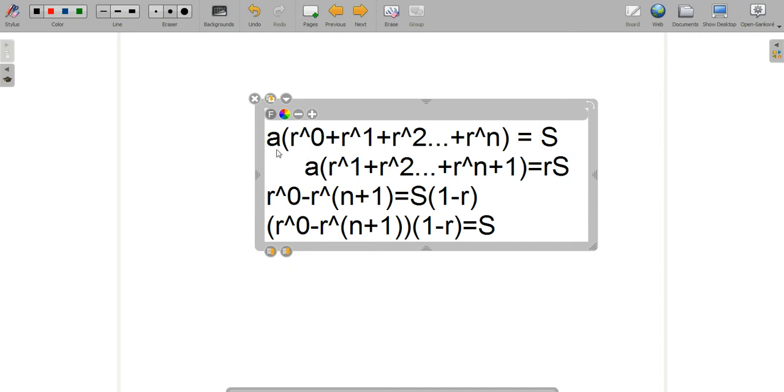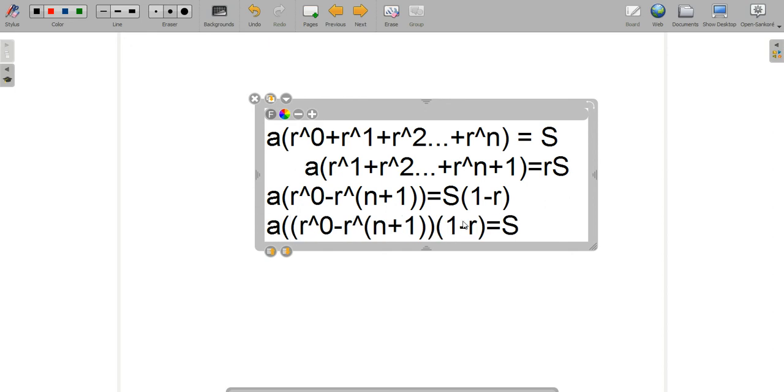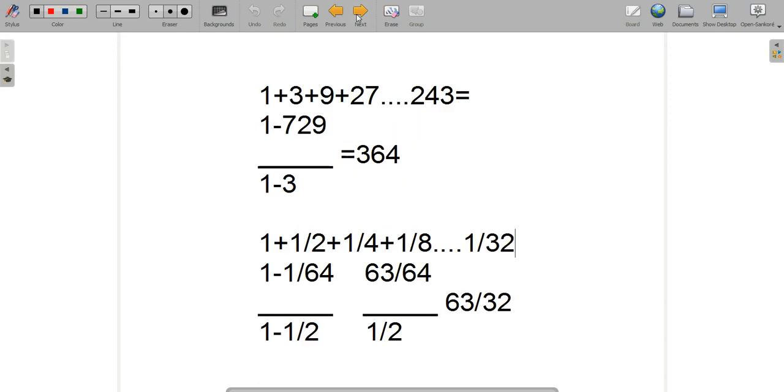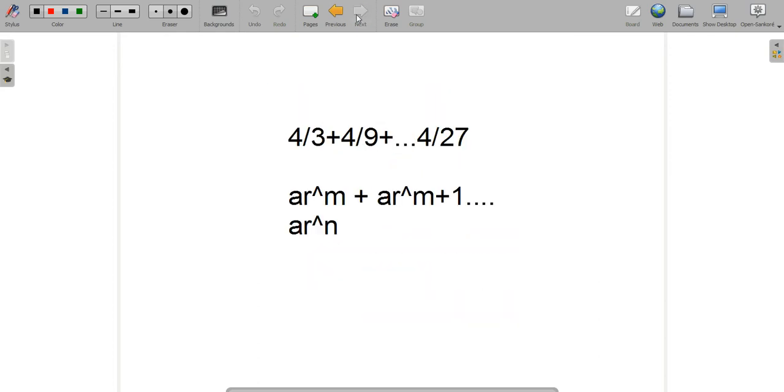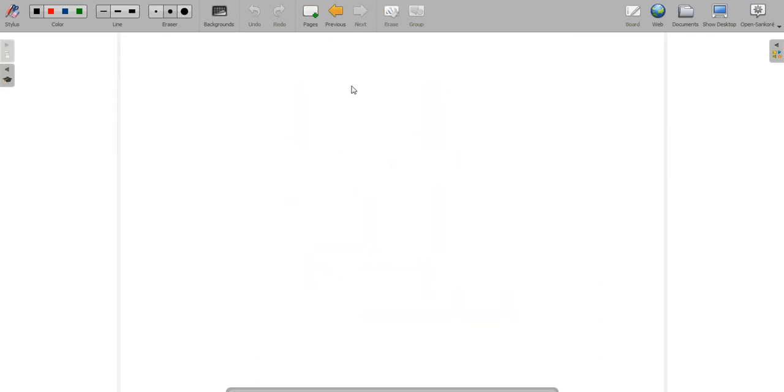Okay, so that a goes over here. So it's basically the same formula. Voila, it's been changed. It's at 0, and then it's at 1, at n. So now let's apply it. Hopefully you understand.